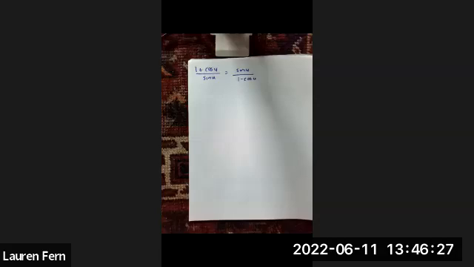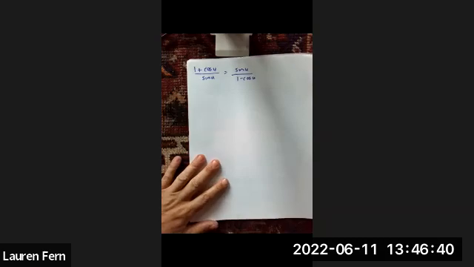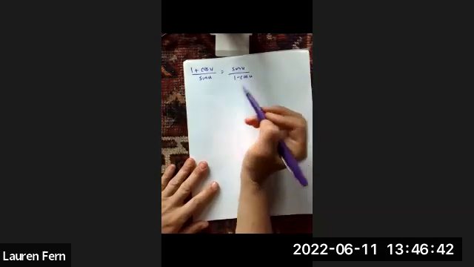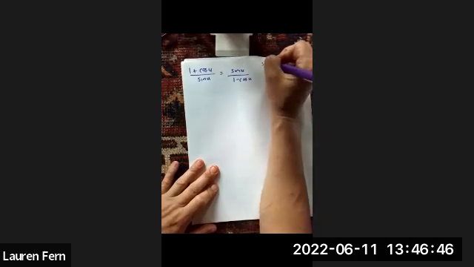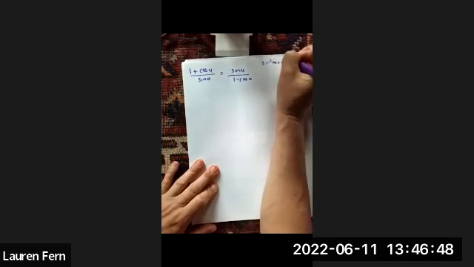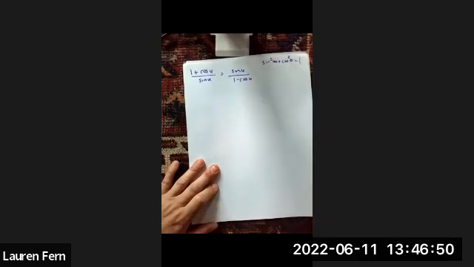Now, in this case, I don't think that one side is more or less complicated than the other side. I think that they both look terrible. But I know that there's ways to write sine in terms of cosine or cosine in terms of sine. Again, most important thing I think in this whole class is sine squared plus cosine squared is 1.